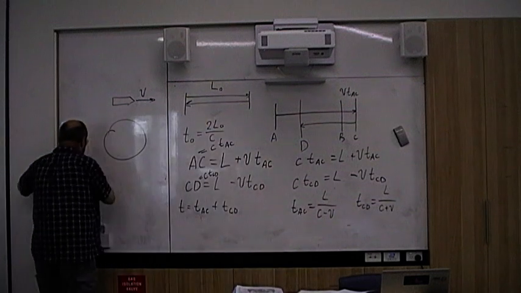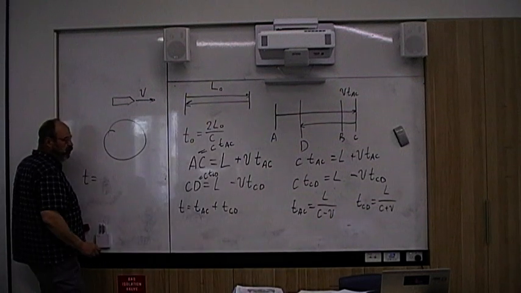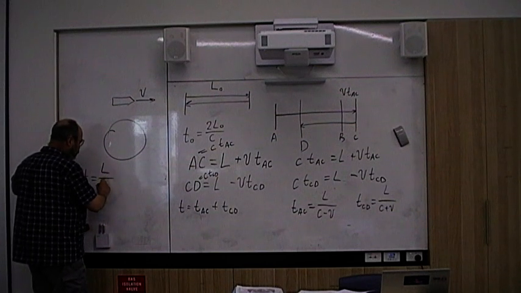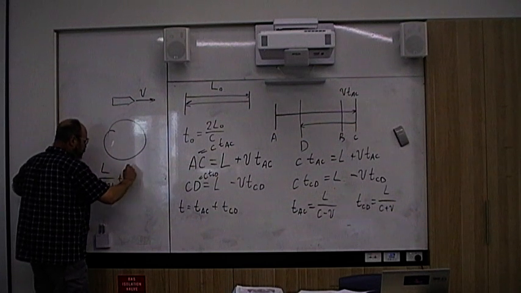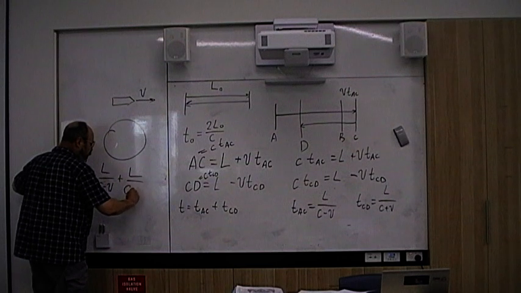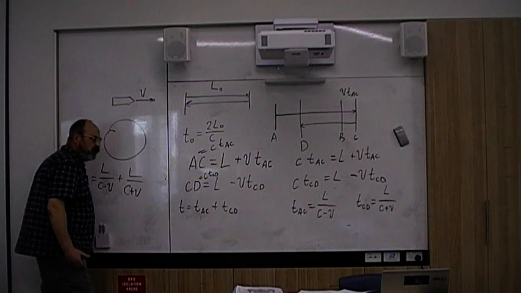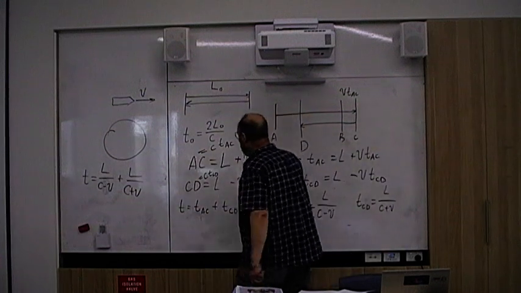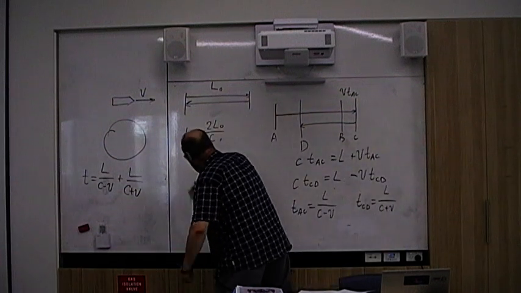We have the total time measured from Earth will be L over C minus V plus L over C plus V. Let's bring it to the common denominator and simplify.